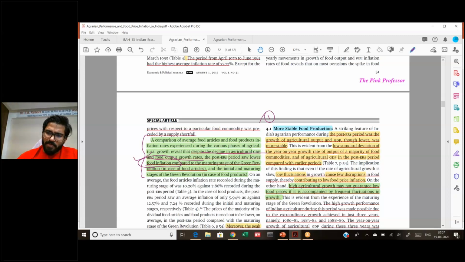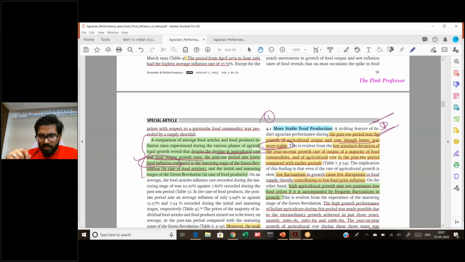When we analyze the data, we can do this with the standard deviation, or the variance of production, which was much lower in the post-liberalization era as compared to the pre-liberalization era. So in the post-liberalization era, the output was lower but more stable. There were no major peaks or troughs.